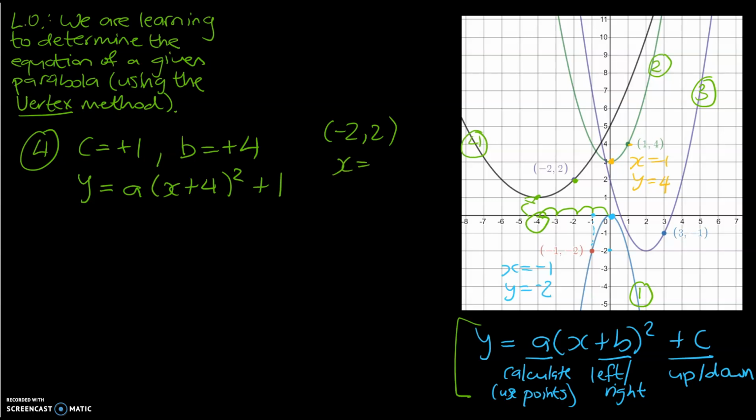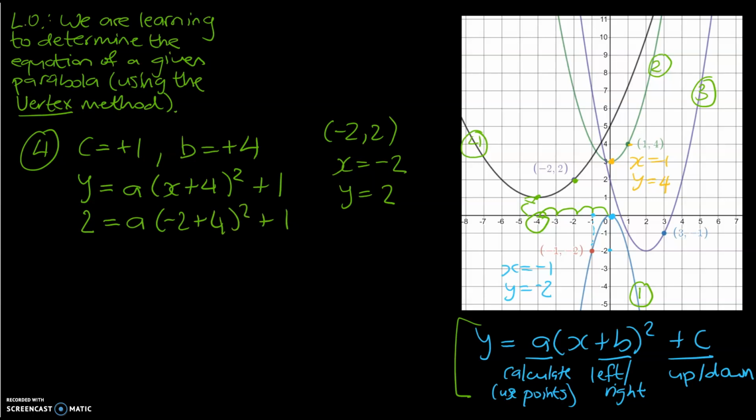So what that means is x is negative 2 and y is positive 2. And we're going to put both of those numbers back into our equation. So 2 is going to be equal to a of negative 2 plus 4 squared plus 1.